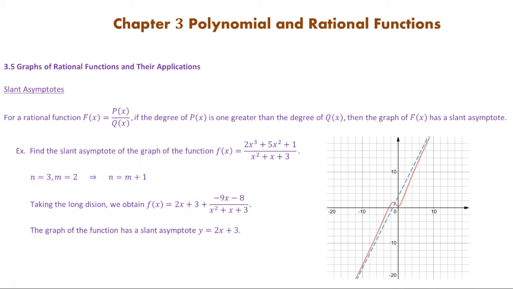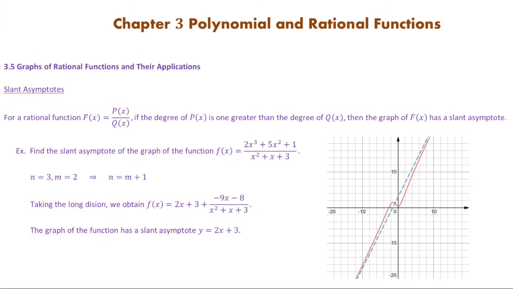So let's just do one simple example. Find the slant asymptote of the graph of the function f equals 2x cubed plus 5x squared plus 1 over x squared plus x plus 3. First, look at the degrees of the polynomials on top and the bottom.